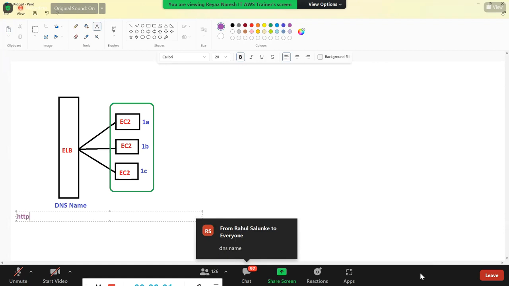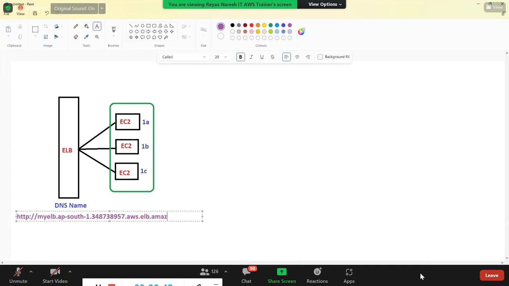It will be like this: http:// and the name of it, ELB dot. If you're creating in Mumbai, it will be ap-south-1, like this, and then amazonaws.com.